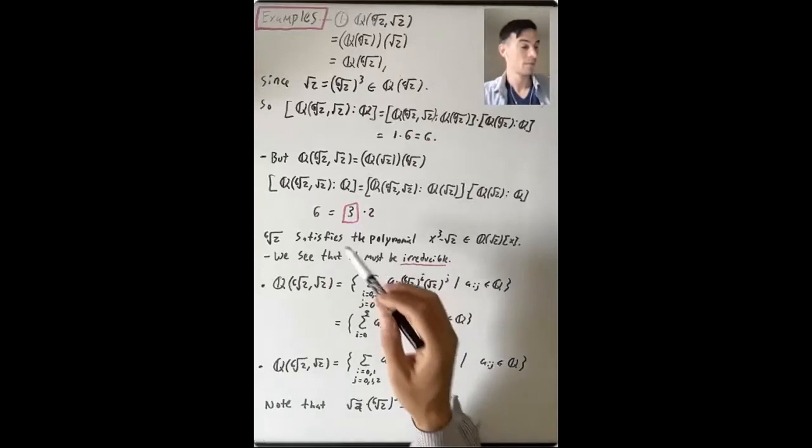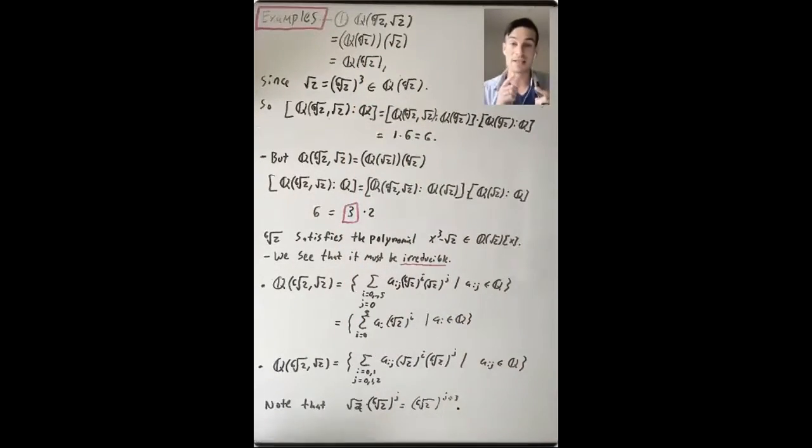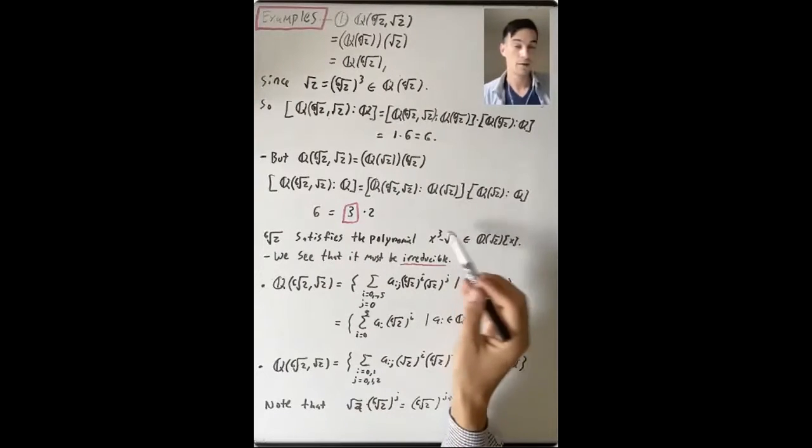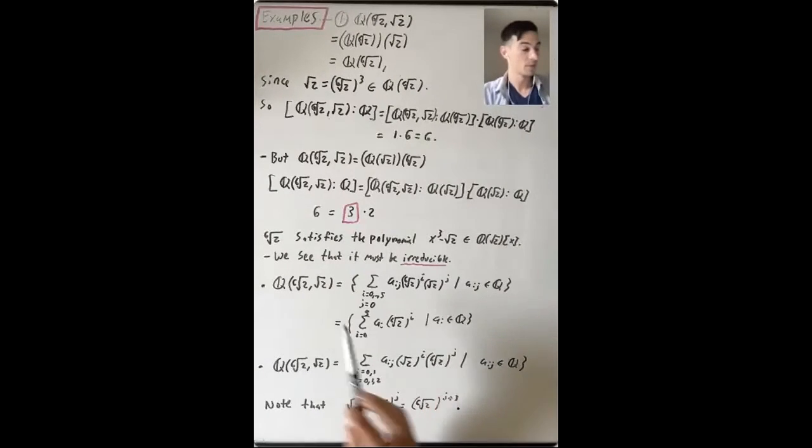So if you think about this field in two different ways, like switching which element is alpha and which element is beta, it tells you different things. So if we take the description of the elements of F adjoin alpha and beta, you'll also see that that description depends on which element you think of as alpha and which element you think of as beta. So in this example, what happens?